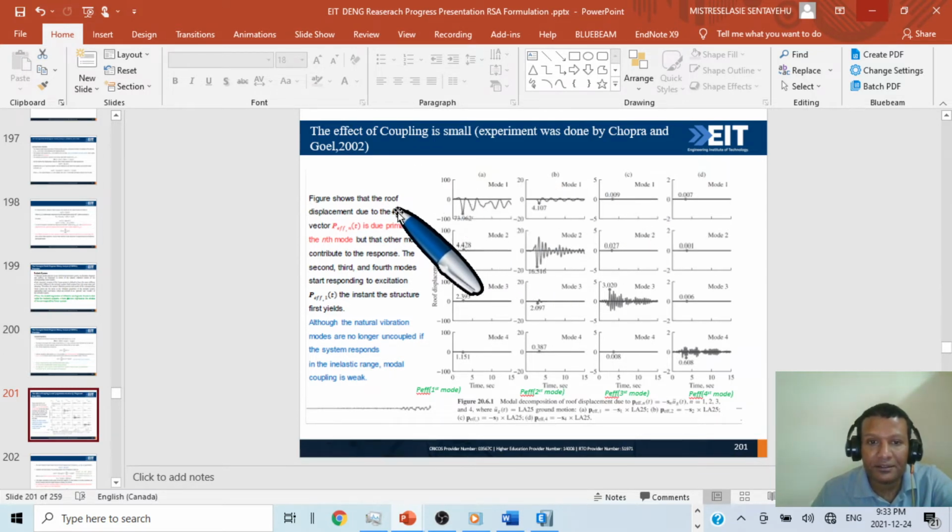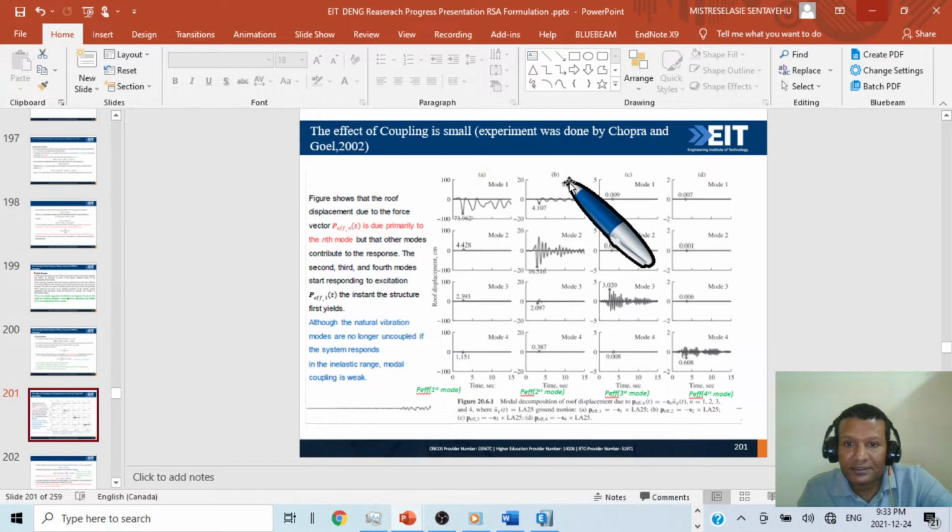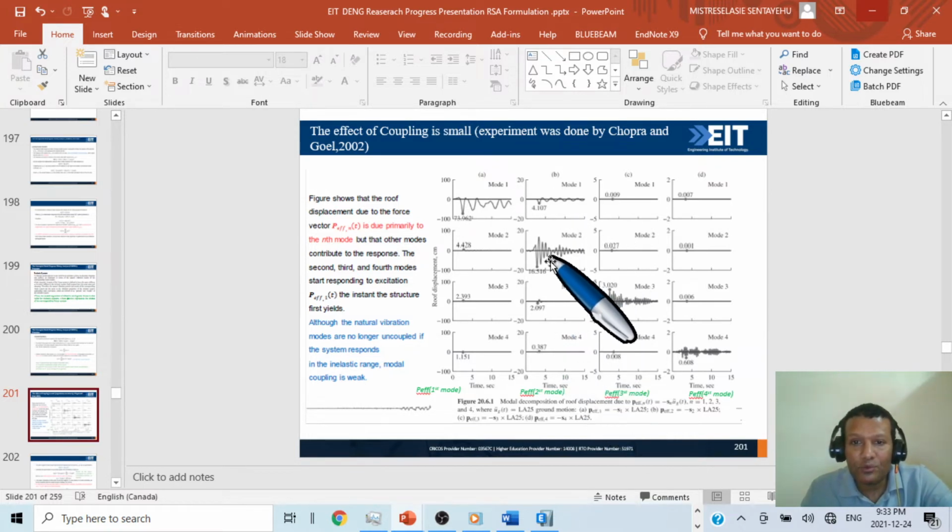When they applied the ground motion, for the first contribution, P effective first mode, you see the contribution is only in the first mode. Even if there is contribution from the second mode, third mode, fourth mode, the contribution is very small compared to the first mode. For example, in the second experiment, the second mode has the highest contribution.